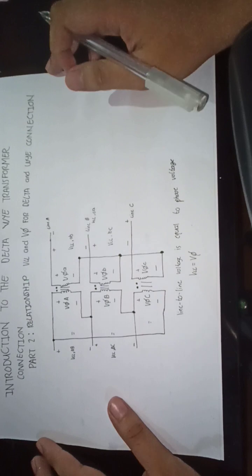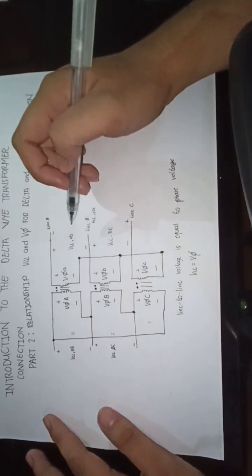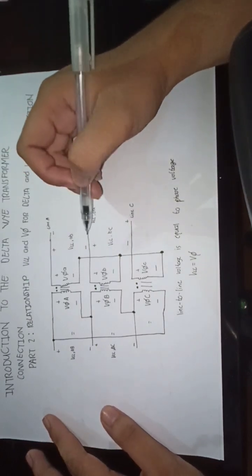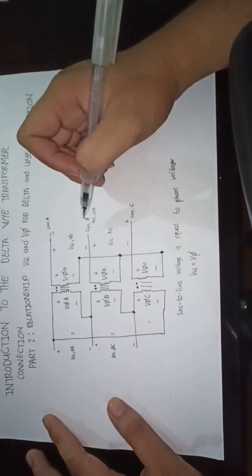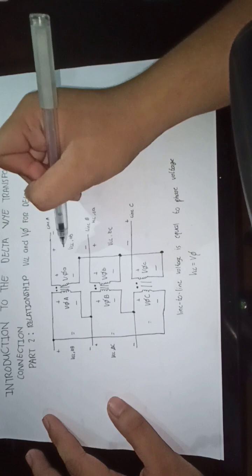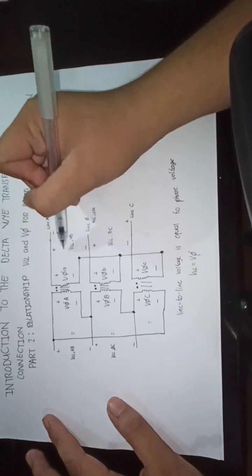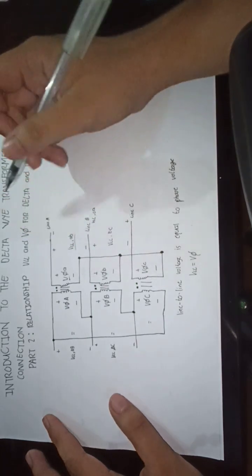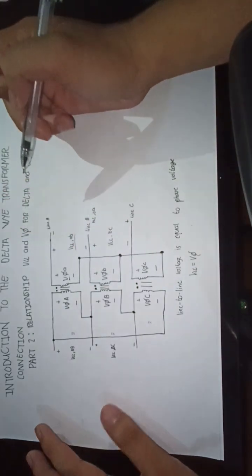Next, on the secondary side where our transformer is connected in Y, we have a different relationship between line-to-line voltage and phase voltage. We will discuss it in a new video.